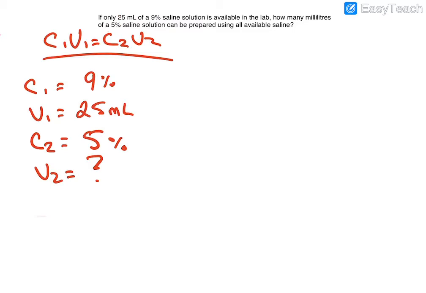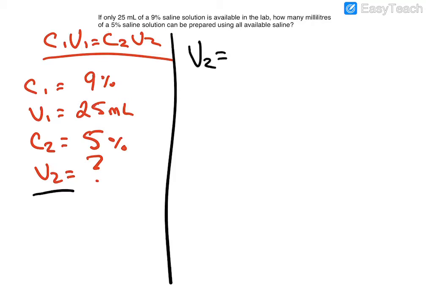Like I said before, whatever value we're looking for is going to be the start of our equation. So starting off, V2 equals. Now, which two values on each side do we have? You can literally just split it in half to see which side is full. If you look here, we have both values for C1 and V1, so that's going to be the top of your equation.